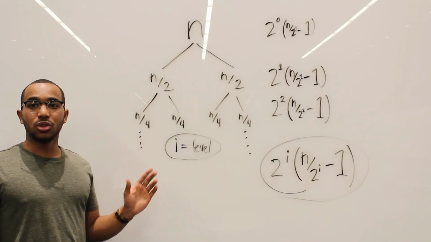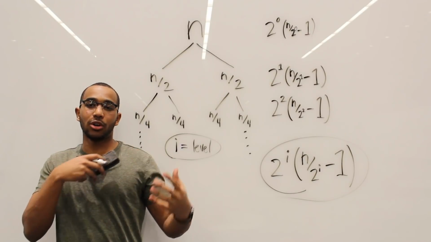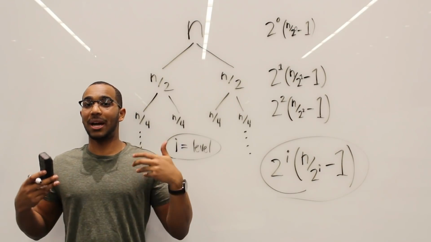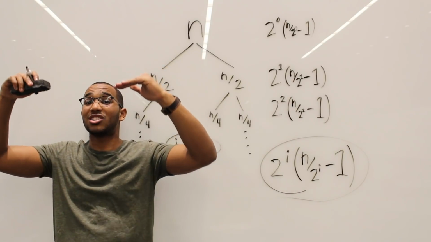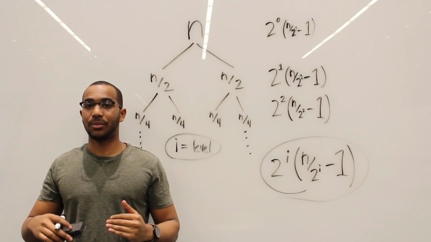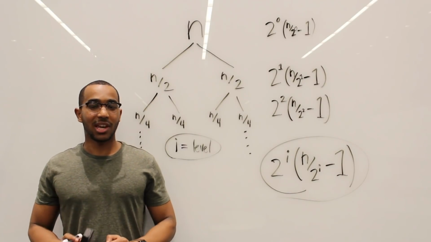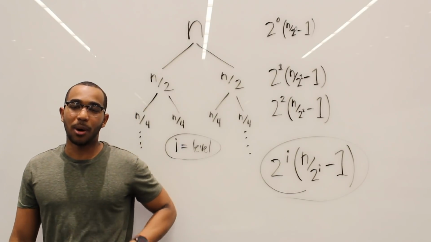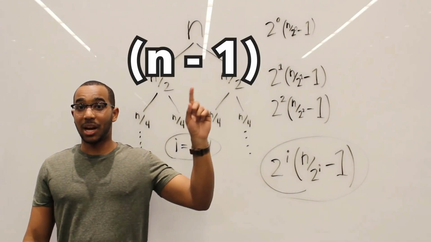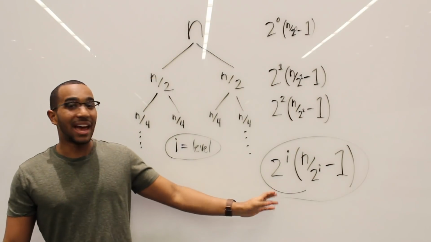So what I want to do is find the worst case work. To convert that recurrence relation into a solid mathematical formula, I want to find the sum of the work across every single level. And now this is where we get exact with what we're saying. This is the formula we have in our pocket. Before, what did we have in our pocket? What is going to help us? n minus 1 comparisons for the merge routine at worst. And what do we now have?